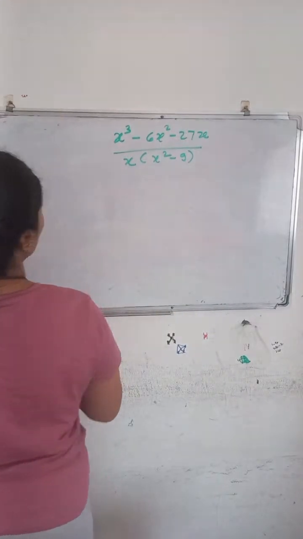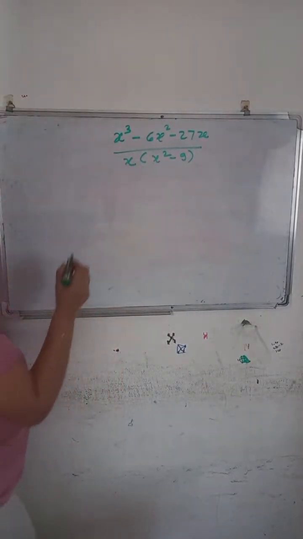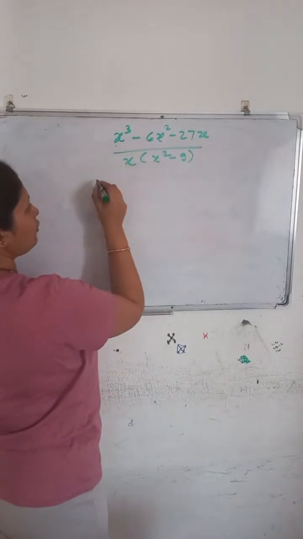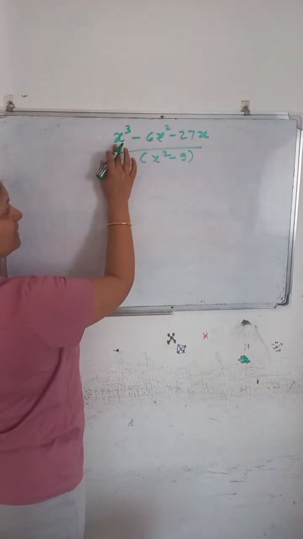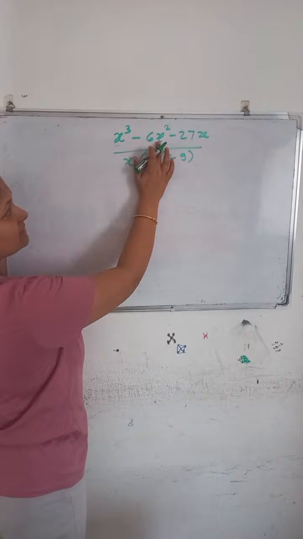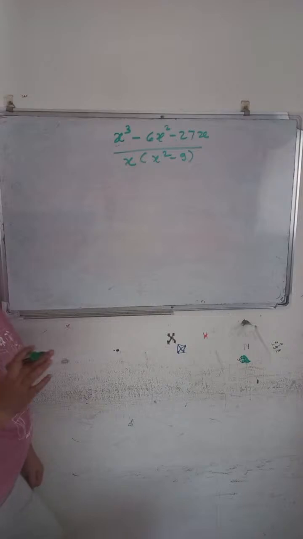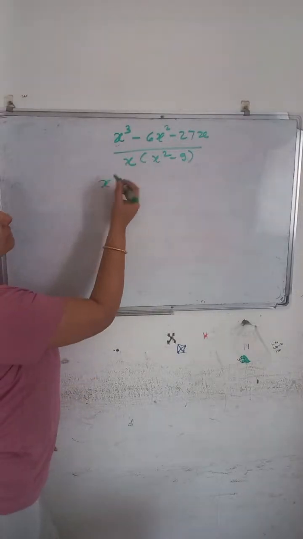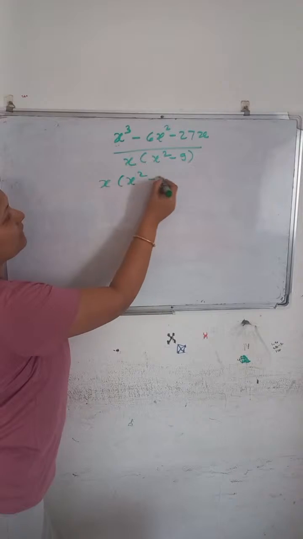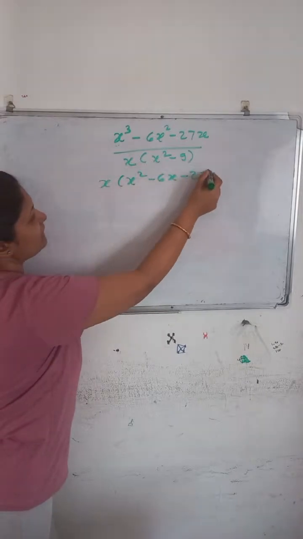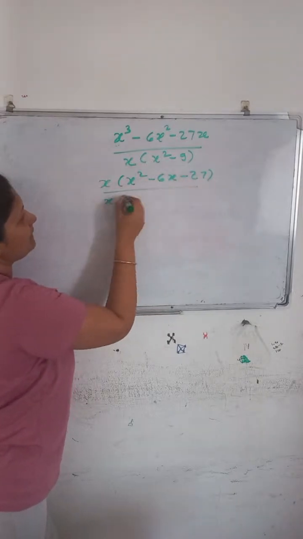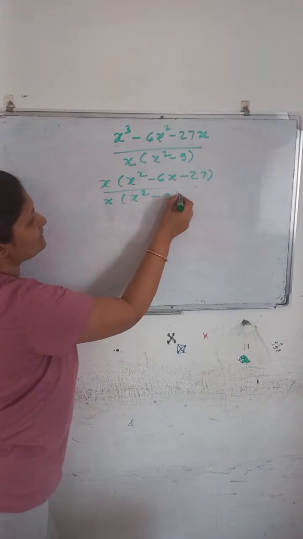Now we have to simplify this. First, you can take x common in the above terms, because x cube, 6x square and minus 27x, each term contains x and the lowest power of x is 1. So x square minus 6x minus 27 divided by x upon x square minus 9.